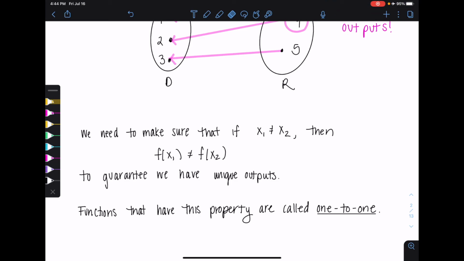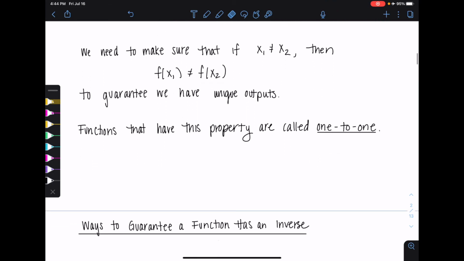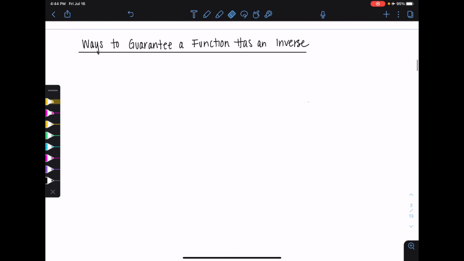You have a couple of different ways to guarantee something is one-to-one. Remember, to see if something is a function, you had that vertical line test. You had to make sure your vertical lines don't intersect. For inverses, we want to make sure that a function passes the horizontal line test. So we have 2 ways to guarantee a function has an inverse.